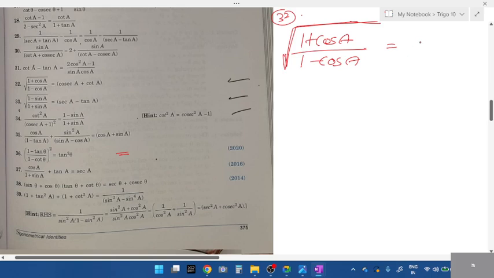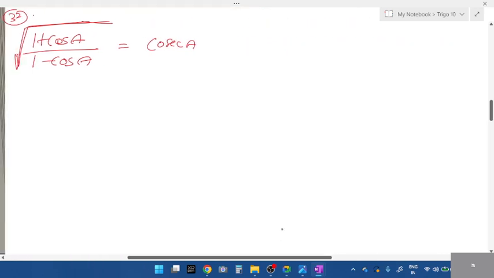32nd question. Cosec a plus cot a. Fine. Now we need to eliminate the root. We don't have any square in the numerator. Then what we do is we check according to the denominator.